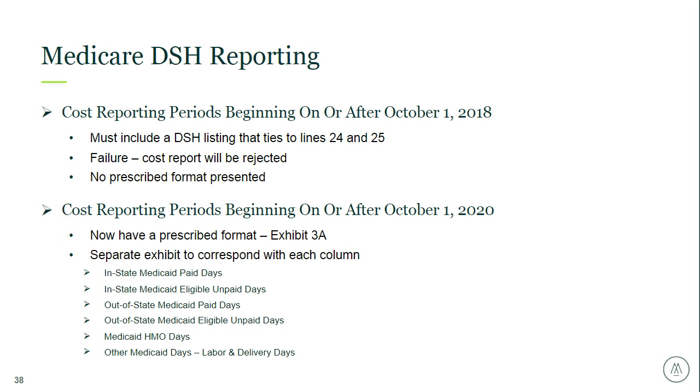Under these new proposed instructions, for cost reports beginning on or after 10/1/20, there's a new template, Exhibit 3A, that must be completed for each category of days from S2. That's the in-state and out-of-state paid days, the in-state and out-of-state unpaid days, along with Medicaid HMO days and other Medicaid L&D days.